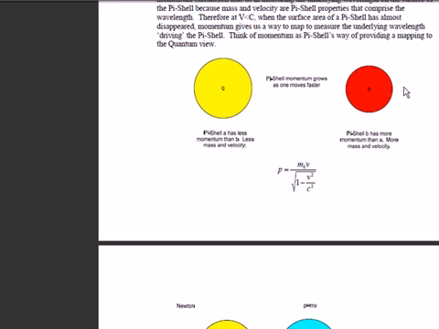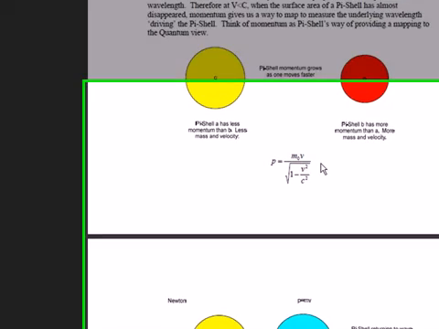So what you have is an object, you have an observer, and then you have an object moving relative to an observer, and it has what we would call momentum, and that momentum is characterized by p, and the relativistic version is as follows. So we multiply it by the Lorentz transformation.